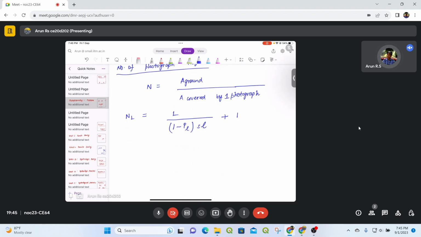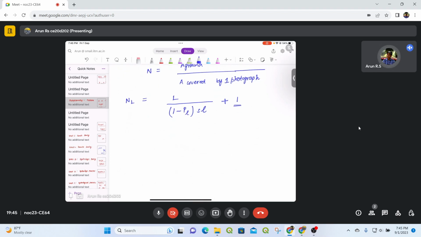If an extra photo is given on either side, you should add another plus one. If it is only one side, then you can add only one, not two. So this is for one additional flight line.